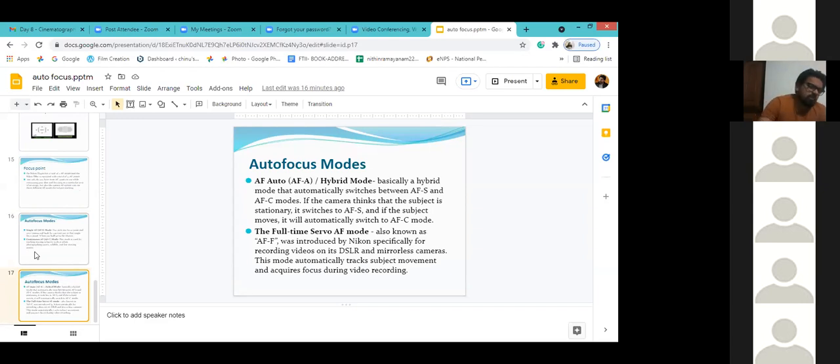Okay, I have told you guys that few cameras are using both functions, right? कि contrast भी और phase भी दोनों detection use करता है. So अब AF mode में भी functions हैं. It's called the hybrid mode और full time servo mode. तो किसी ने use किया होगा, I think Canon में भी है और Sony के कैमरे में है. Then Pentax, Panasonic में भी है. Few cameras have that function. वो क्या करता है, वो automatically शिफ्ट कर लेता है अपने आप को AFS और AFC मोड में.